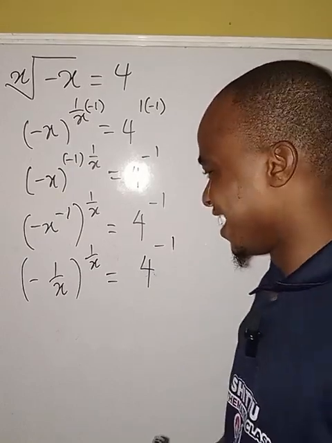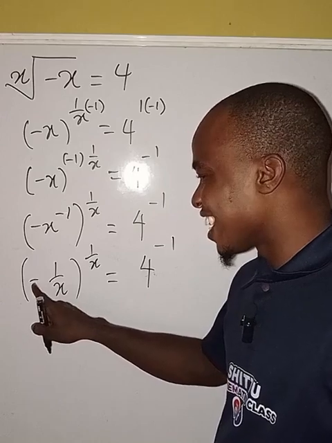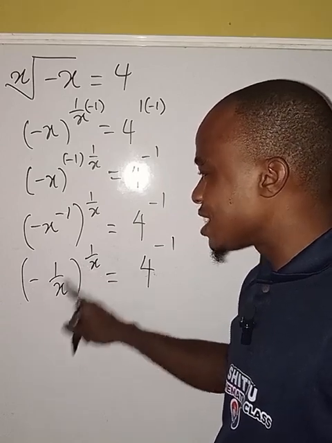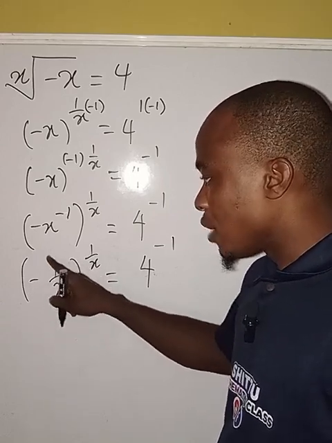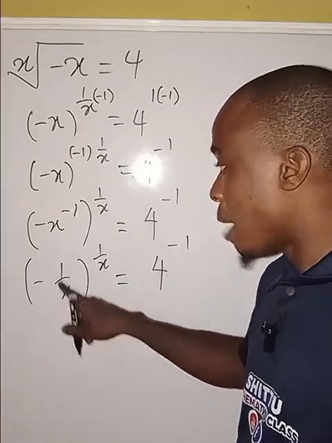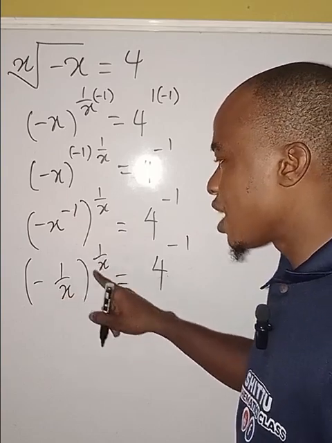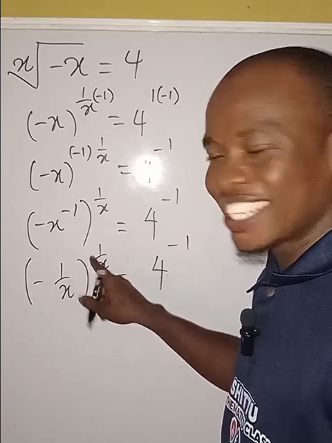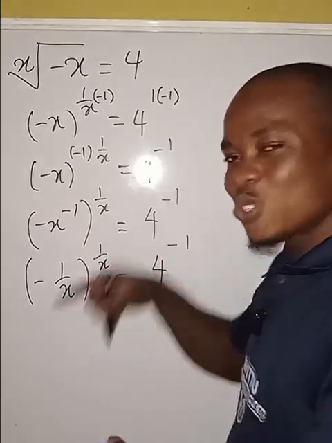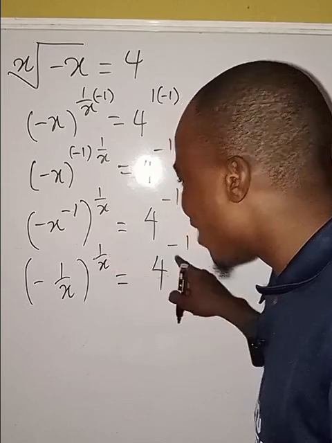Now here we have minus here. Minus 1 over x is the same here, but here we have 1 over x. What if we have minus 1 here? So now I'm going to multiply by minus 1 again, the powers too.